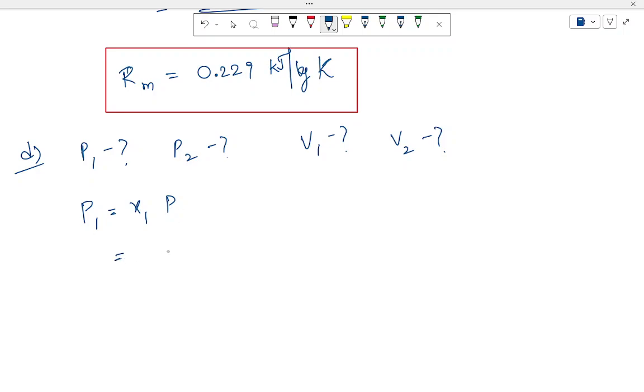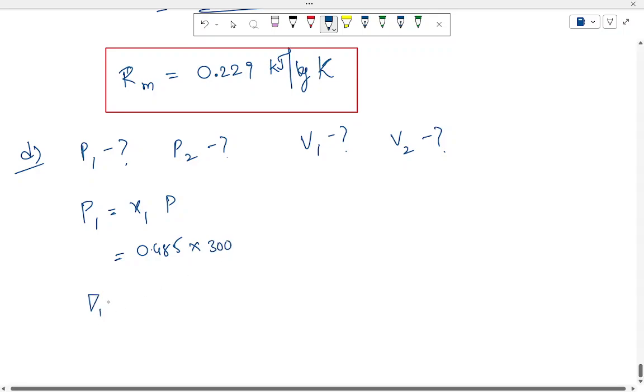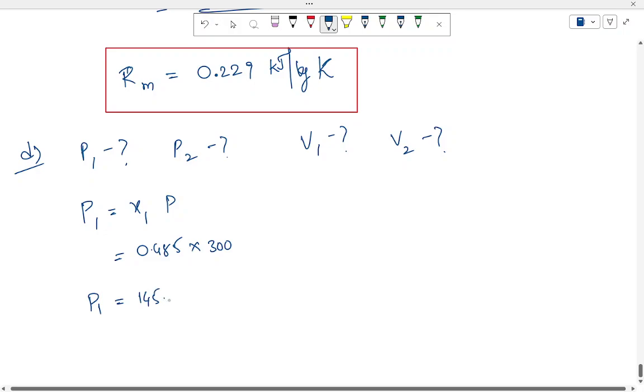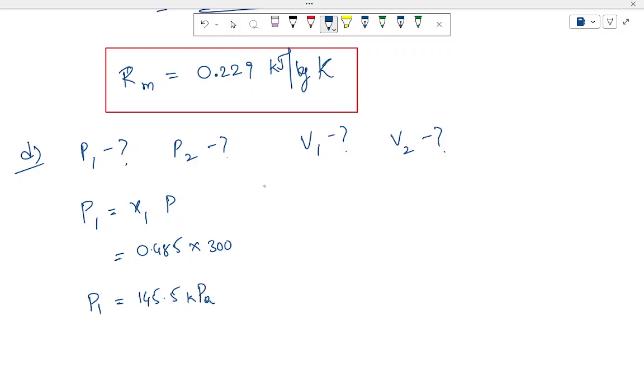So the X1 value we have found out in the first question itself. That value is 0.485 and the P value is 300 kilopascals given in the question. So P1 will be now equal to 145.5 kilopascal.